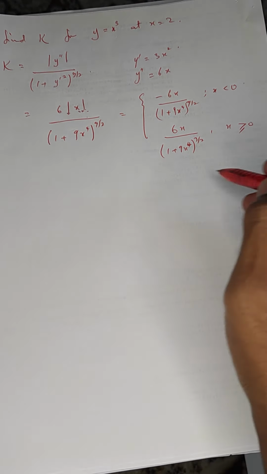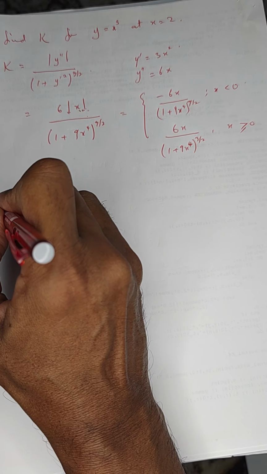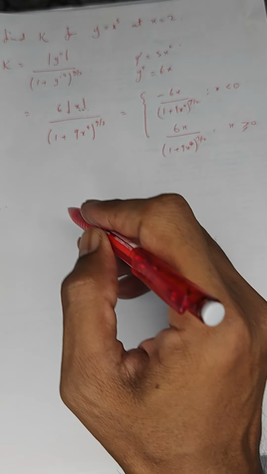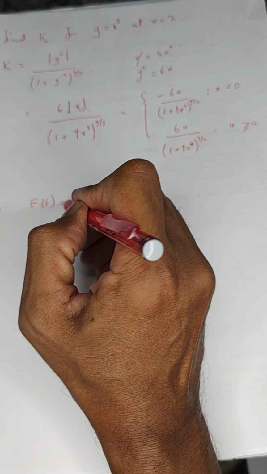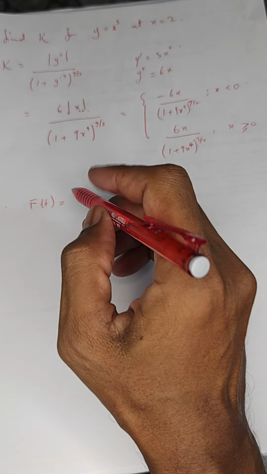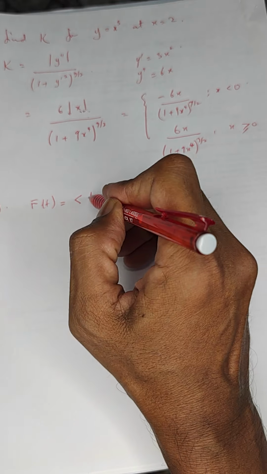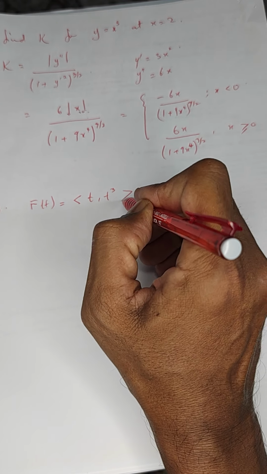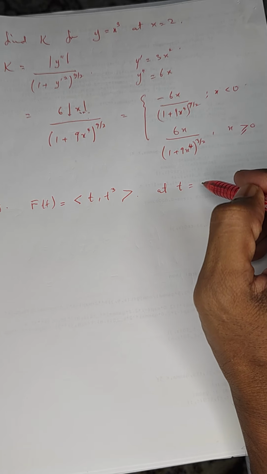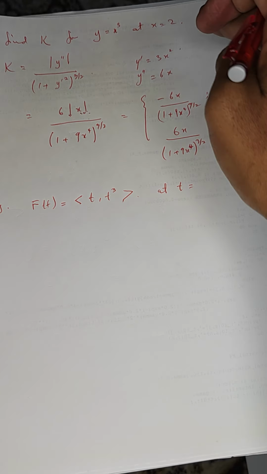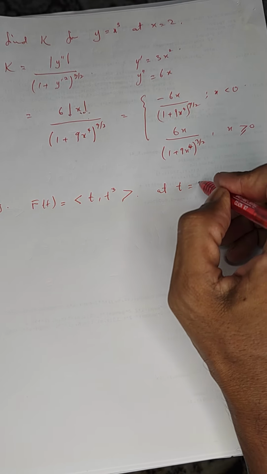Now if I give you another example, let's say you were given a vector function with t and t cubed at t equal to 2 as well.